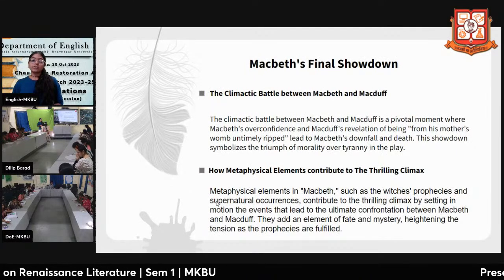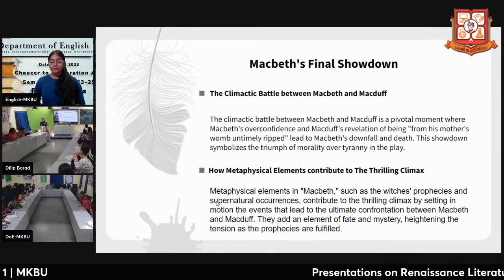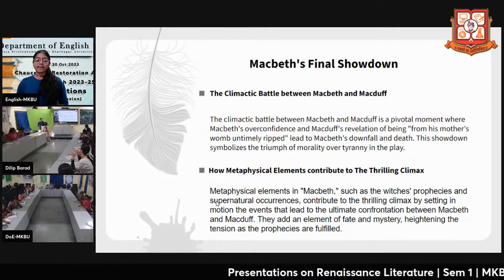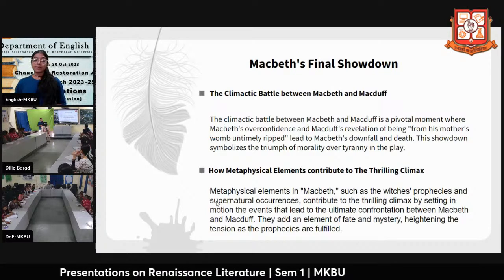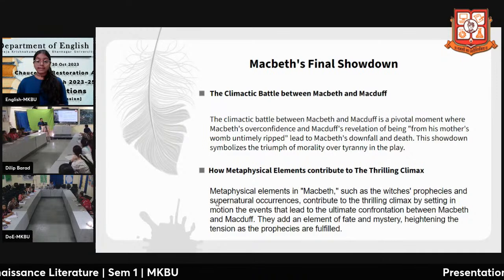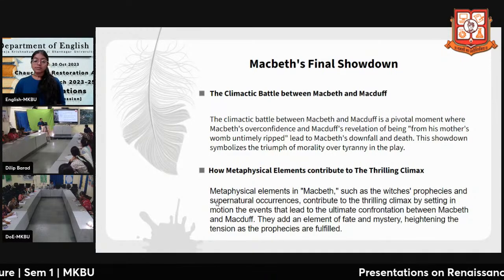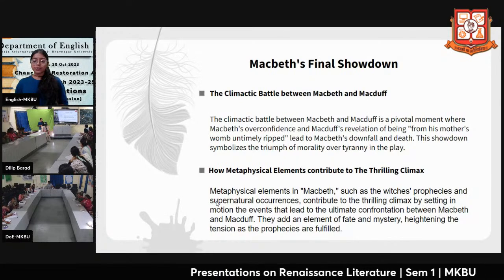Then Macbeth's final showdown. The climactic battle between Macbeth and Macduff is a pivotal moment where Macbeth's overconfidence and the revelation of Macduff being from his mother's womb prematurely ultimately lead to Macbeth's downfall and death.